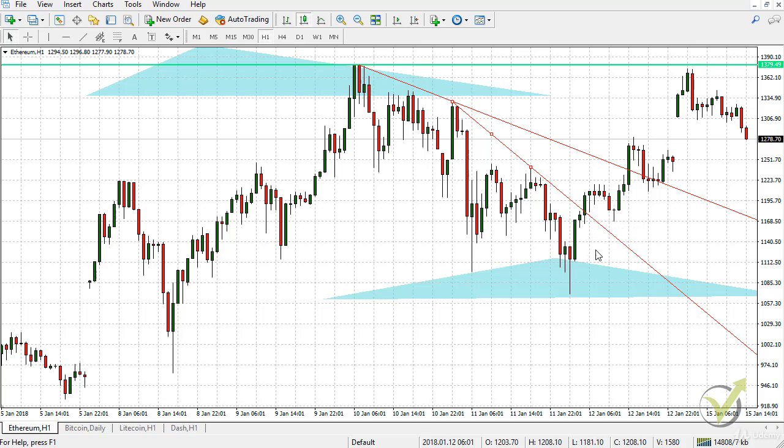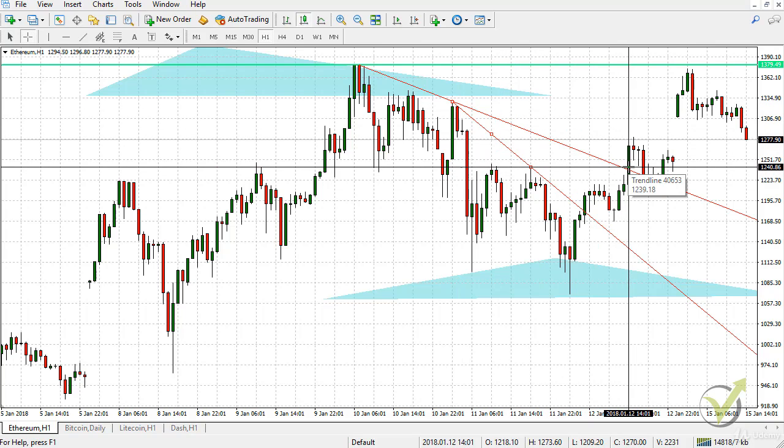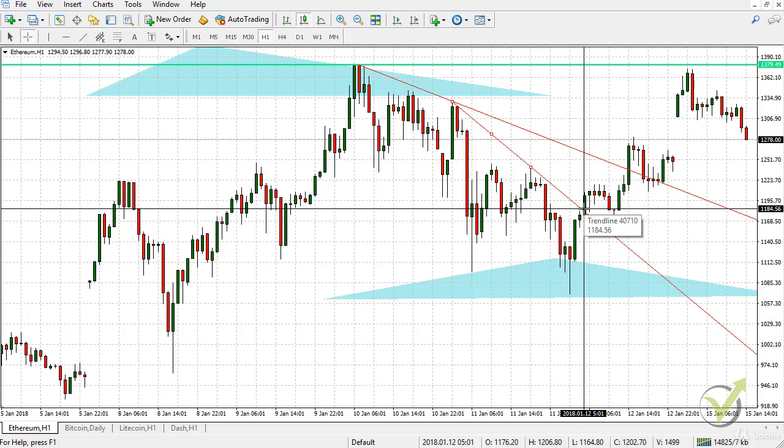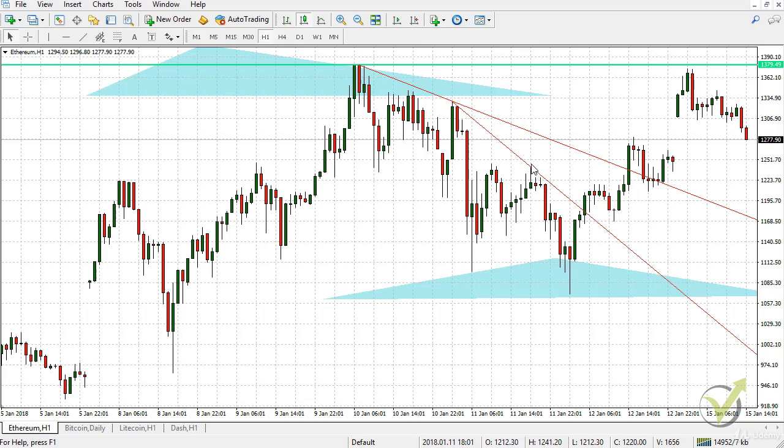Now you can see that if I entered here, I would enter in a long position, in a buy position, at a much cheaper price. So instead of entering at around 1240, I would be entering at 1184.